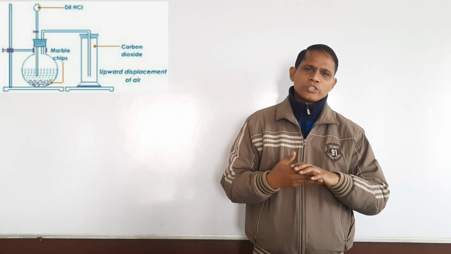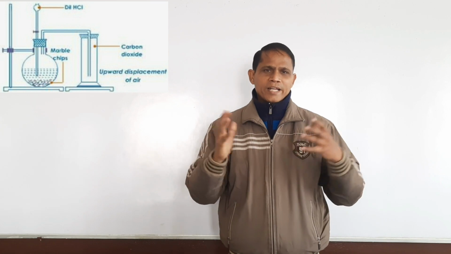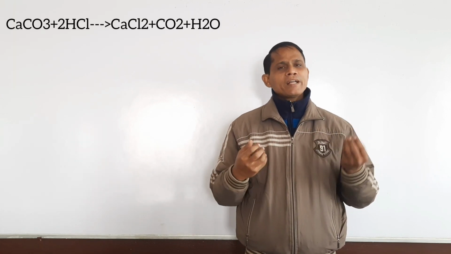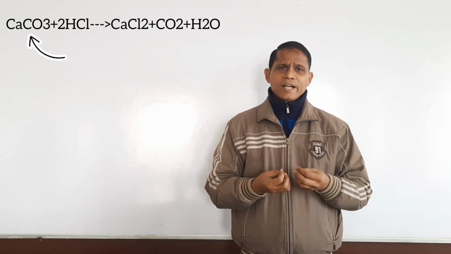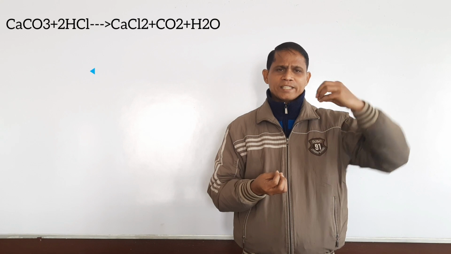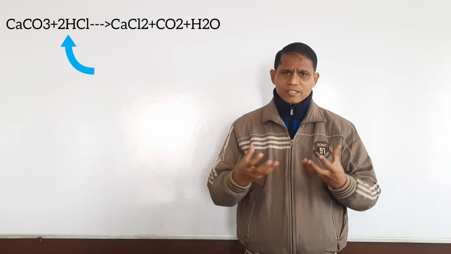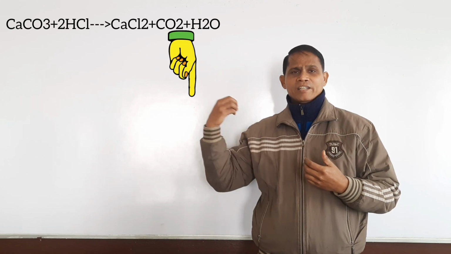For that, students, you just make the arrangement as I have shown on the board. That arrangement is required. Here I will be using some marble chips or calcium carbonate, and I will put a few drops of hydrochloric acid on it. When hydrochloric acid is added, you will see that carbon dioxide gas is evolving.